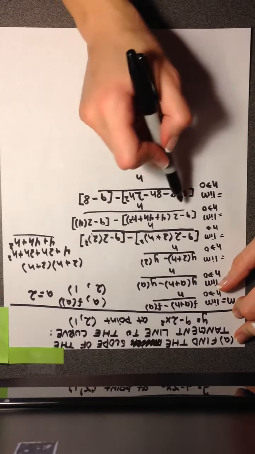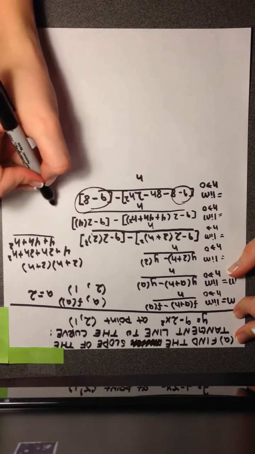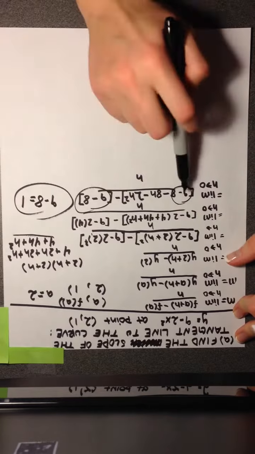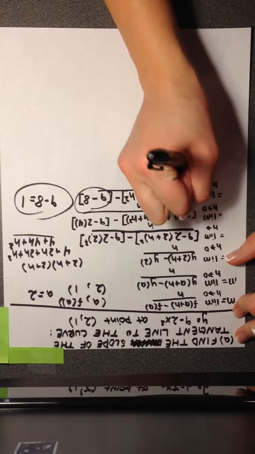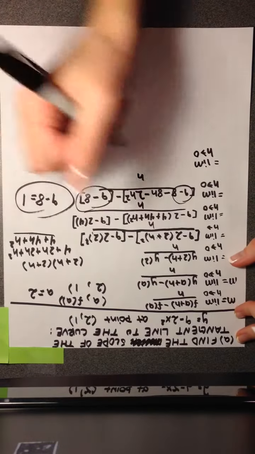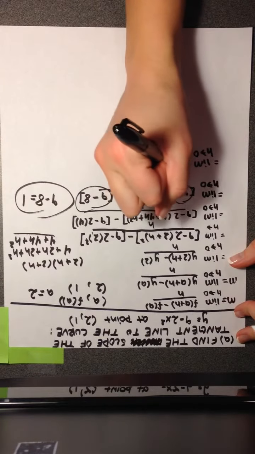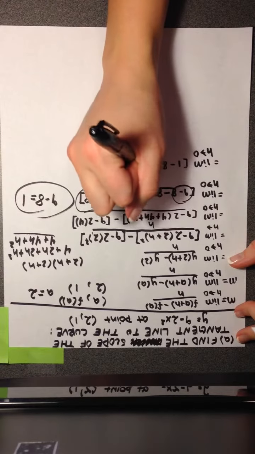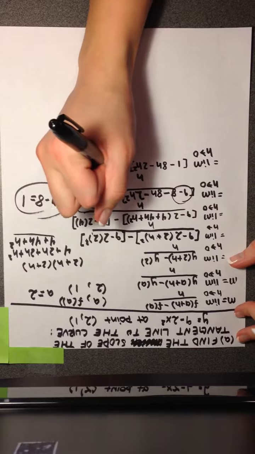If we look right here, we have 9 minus 8 and 9 minus 8, and obviously 9 minus 8 equals 1. So we can plug the 1's in right here. That gives us the limit as h approaches 0 of 1 minus 8h minus 2h squared, minus 1.